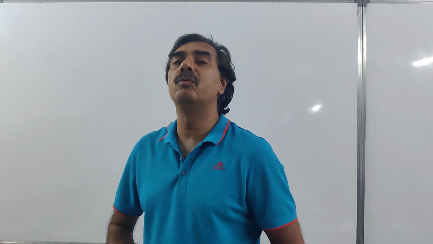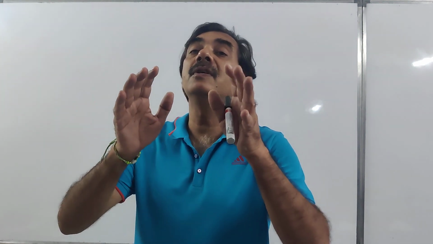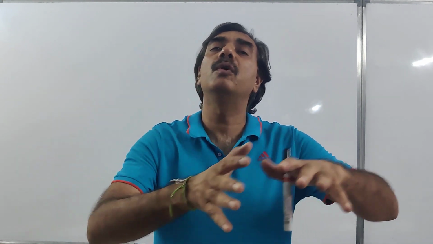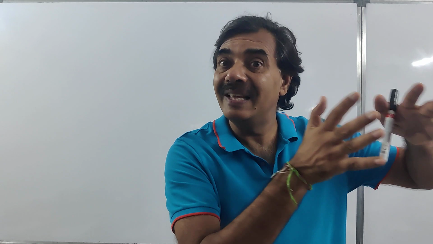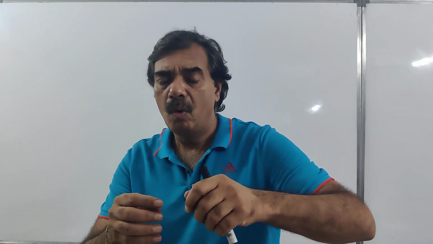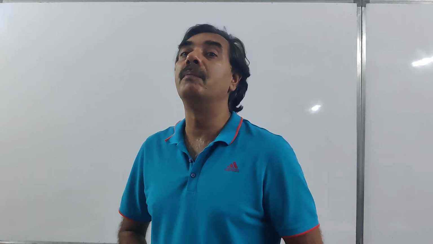If you apply a force of 12 newtons, the frictional force which comes into play is 12 newtons, and this force is the static friction. It means static friction is always equal to the force that you apply, and that force must be less than the limiting friction. Once you apply a force equal to the limiting friction, the body will just begin to move and it will keep on moving with uniform speed.